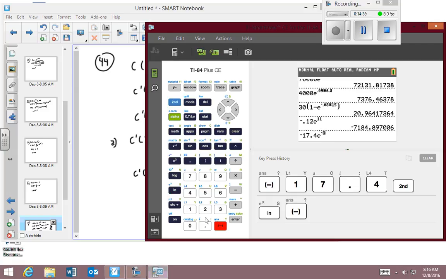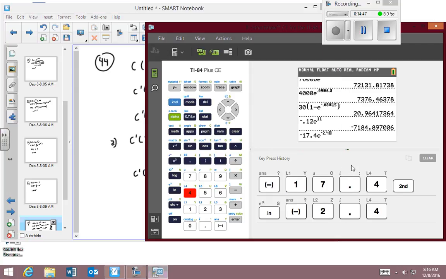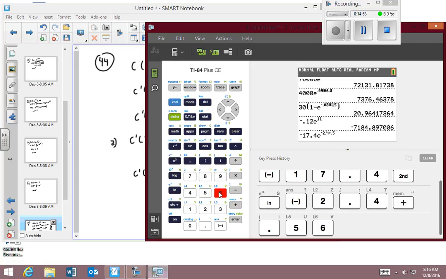That's a negative. And then it's plus 0.56. Oh, dang it.